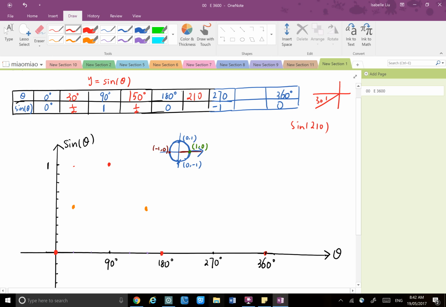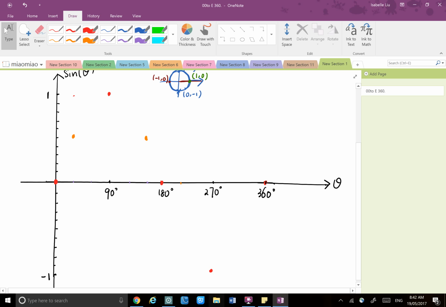The reference angle is 30, but it's in the third quadrant where sine is negative, so it's negative sine 30, which is negative half. So 210 will be negative half. 210 is here, a third of the way, and you have negative a half, which is the point here.